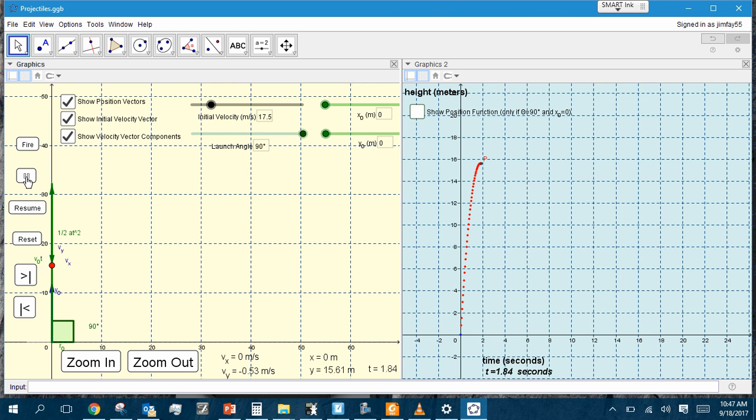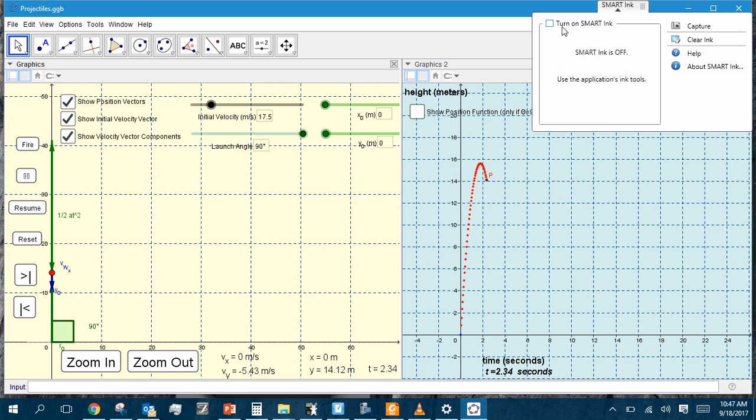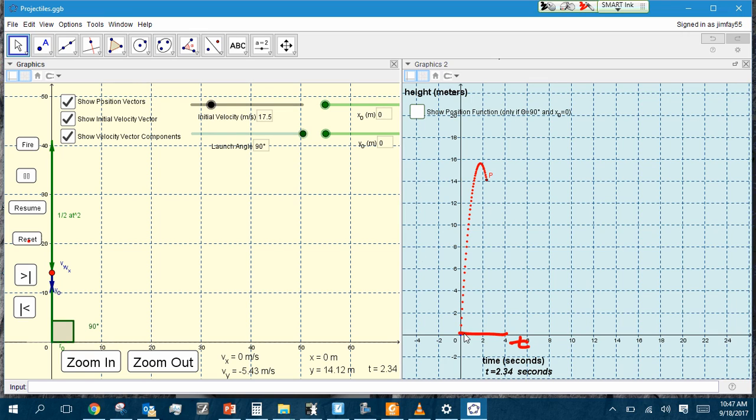Fire. Stop. Okay. So what we're seeing over here is that this axis is our time axis, and this axis here, the y-axis, is our h of t, which is our height at some particular time. So every one of these ordered pairs that you're seeing showing up as a red dot here is some time, comma, some height at that time.